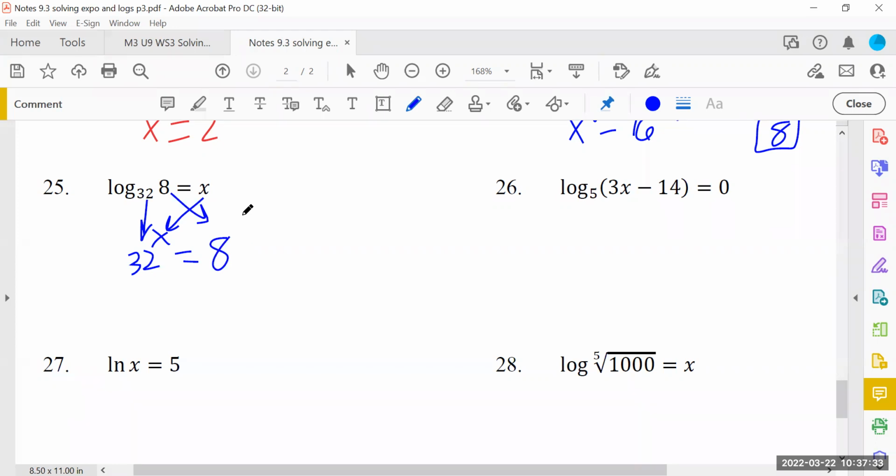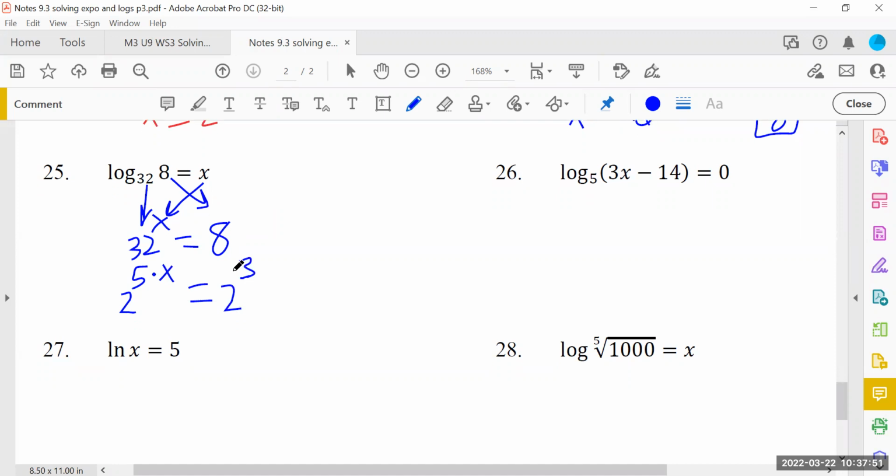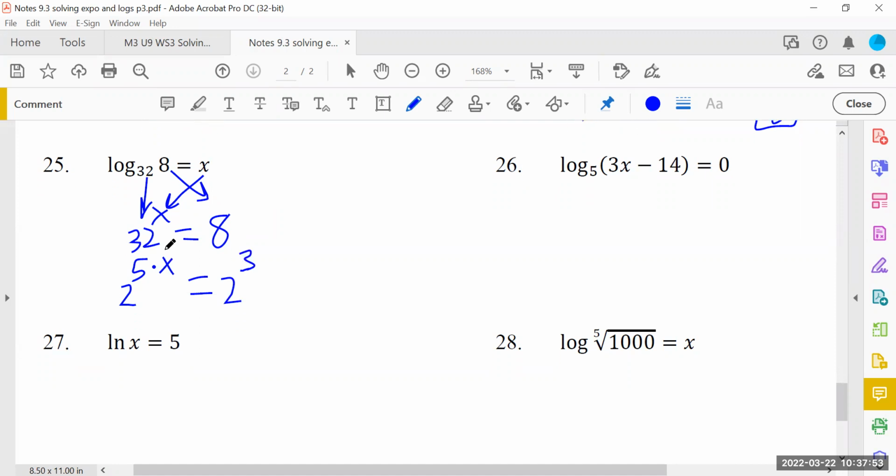So now 32 to the x power equals 8. I can write that as 2 to a power on the left, 2 to a power on the right. So 32 is 2 to the 5th power times the x that was already there. 8 is 2 to the 3rd power. And then I can set the exponents equal to each other. 5x equals 3.